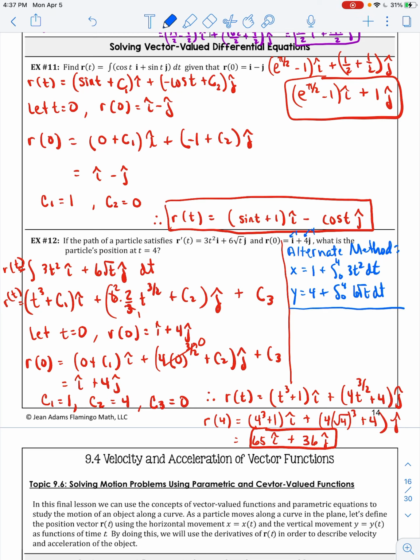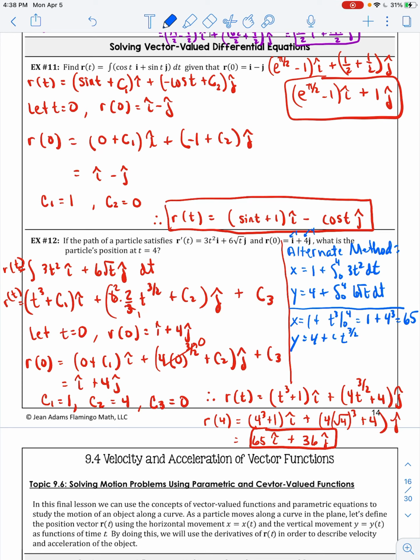And so if you solved, I'm going to go ahead and put a line here, and I'm going to solve for my x. 1 plus, this would be t cubed from 0 to 4. So 1 plus 4 cubed minus 0 cubed. So that's going to be 65 for your x value. Your y value, 4 plus, this would be t to the 3 halves.